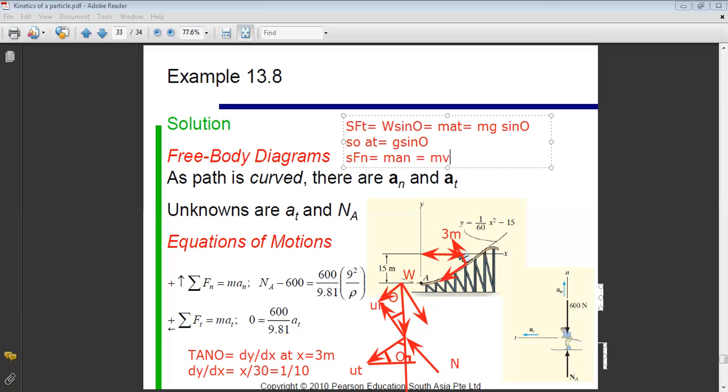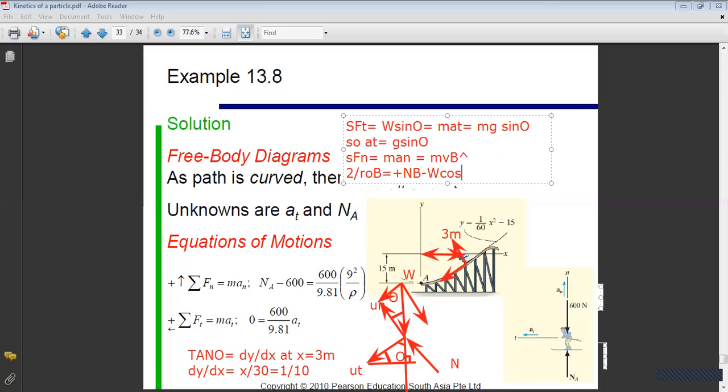Let's call it, if you want, B. So if we take point B here, so here for x equals 3, we name the point B. So it's m v_B square over rho_B equals, if I project on u_n, what do I have? I have plus N and minus the projection of weight, which is minus W cosine theta.